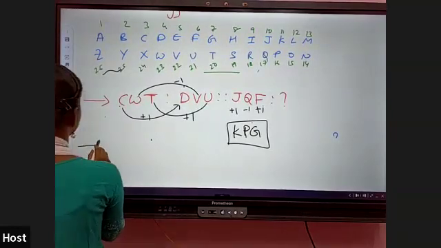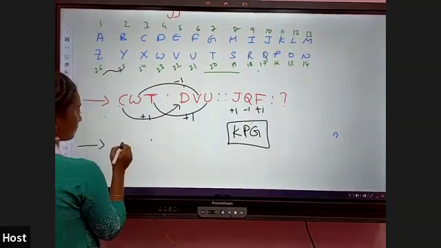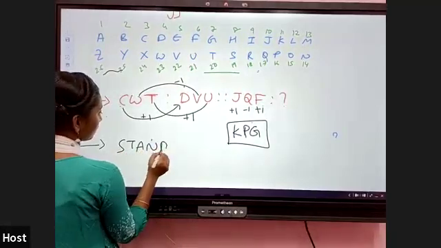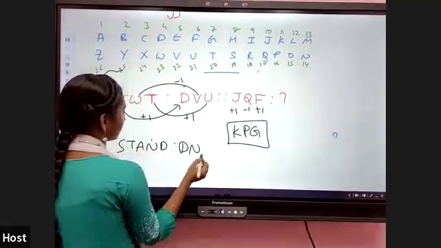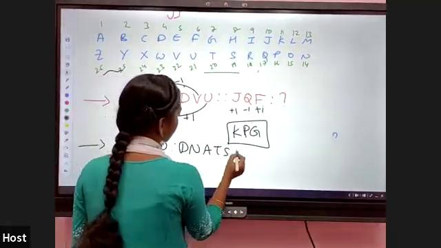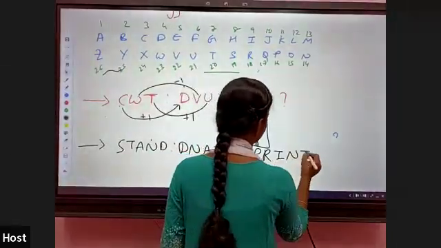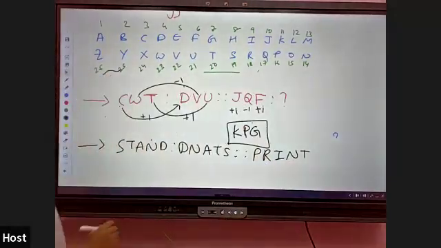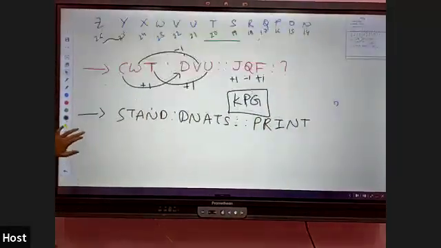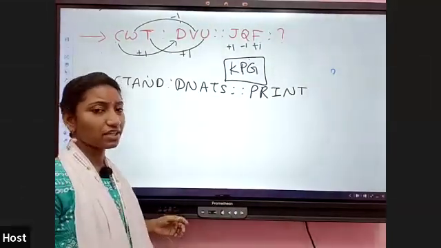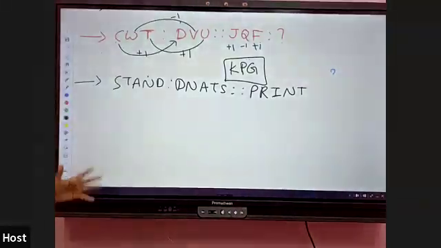So let us do another, the reverse model. In this, direct coding will not be there. Only reverse, addition, subtraction, or opposite will be there.